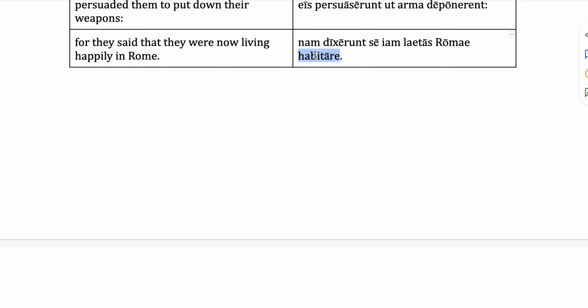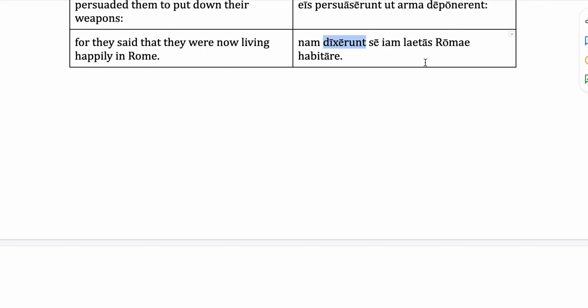And that's what this present tense is doing in Latin, habitare. Habitare does not mean, just because it's present, that it's happening now, as in, in the 21st century or at the time of the narrator. What it expresses is that this living business is happening at the same time as that main verb, dixerunt.